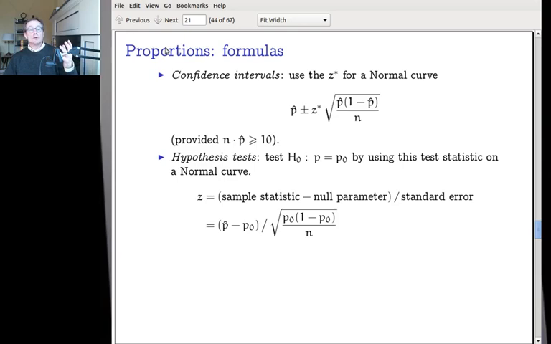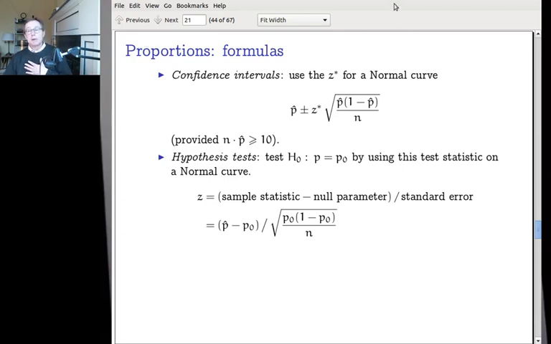So really understand the concept that the point of a confidence interval is to tell you where the true value lies. In this case, where P lies, because it's proportions. To tell you where P lies, and we think that P is close to P hat. We think that P hat is close to P. We think the two are close together. How close? This close. How sure? Well, you put in different numbers for Z star, and that's how you get the different sures.